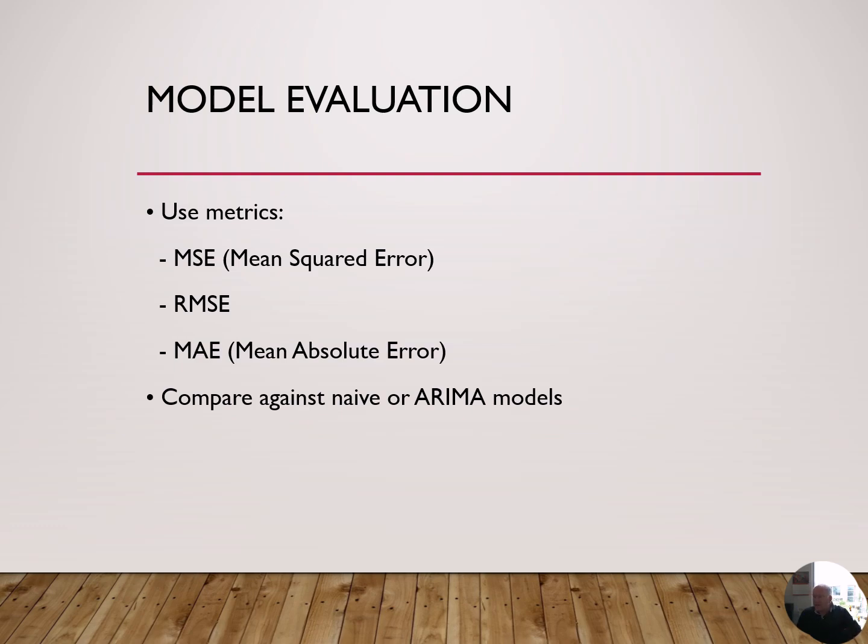So how do we evaluate the models? We can use the mean squared error, or the root mean squared error, or the mean absolute error, and we can compare it against other models such as the naive or the ARIMA models.